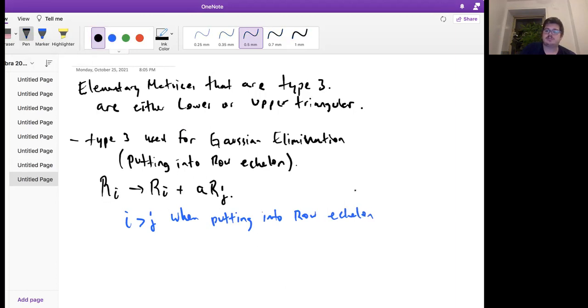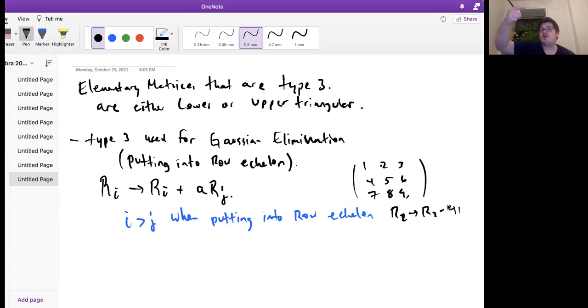And just for example, the first thing you do is row 2 to row 2 minus 4 row 1, where you're always using a smaller row to delete bigger rows.